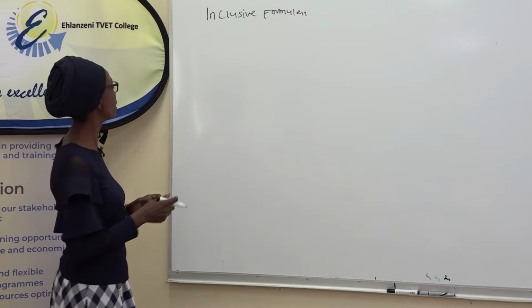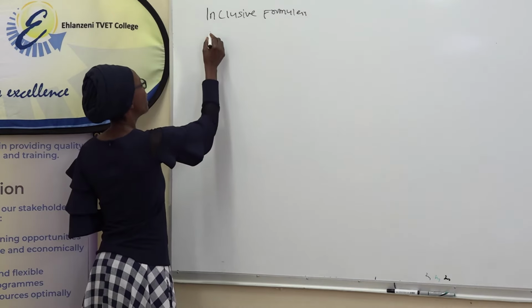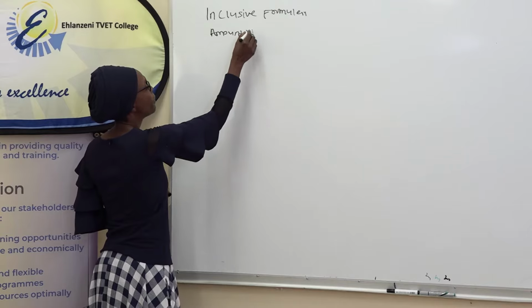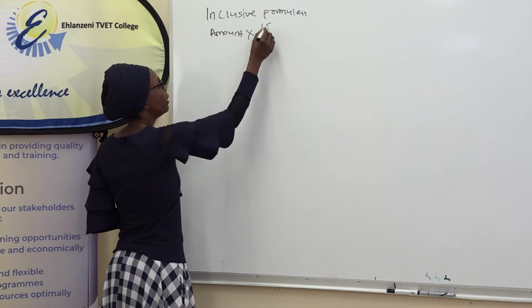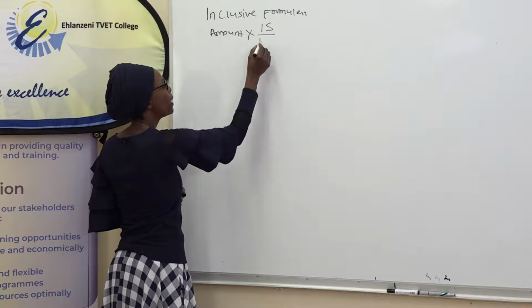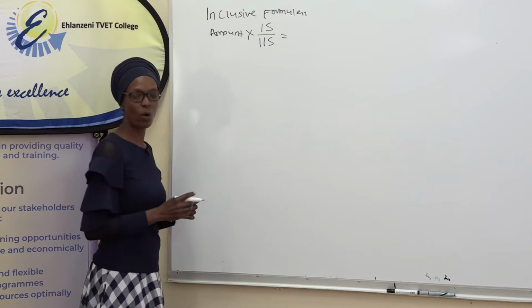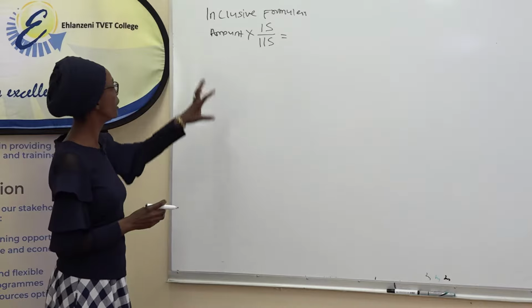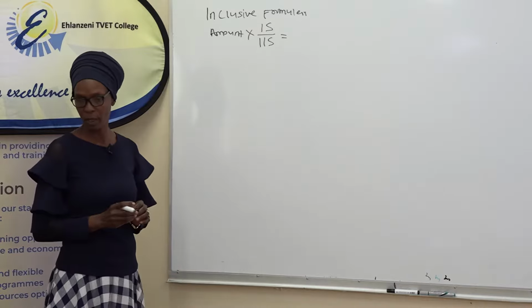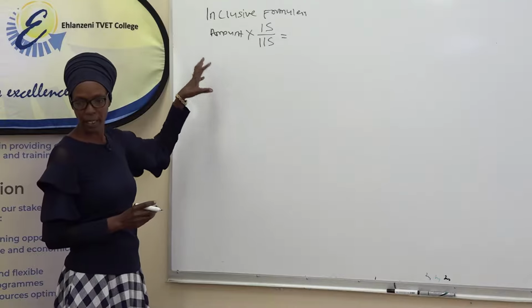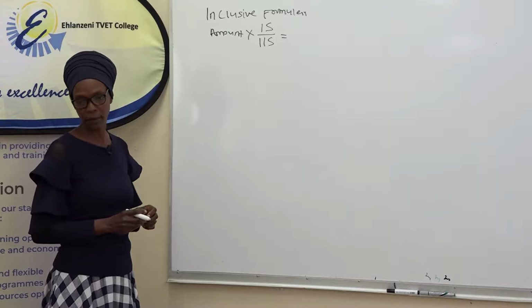The formula says the given amount multiplied by 15 divided by 115. Then you'll get the amount of the VAT using the inclusive formula. Inclusive means the amount that you have been given has VAT.